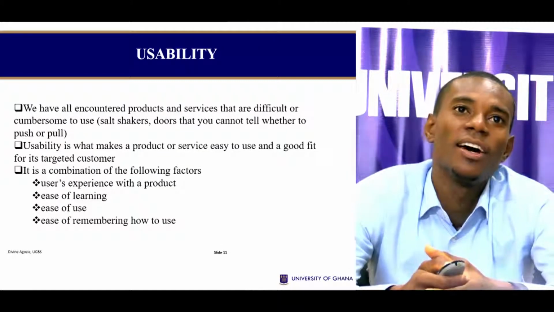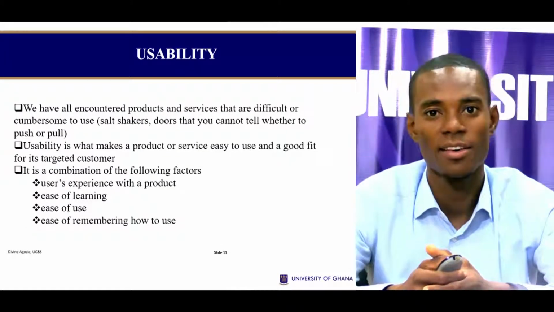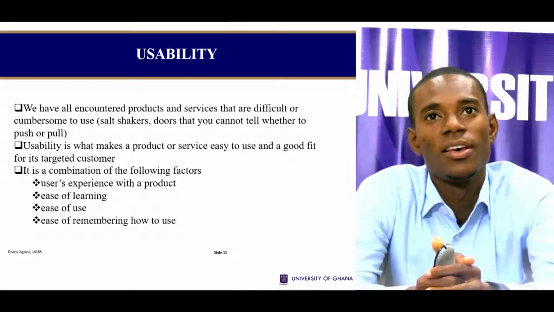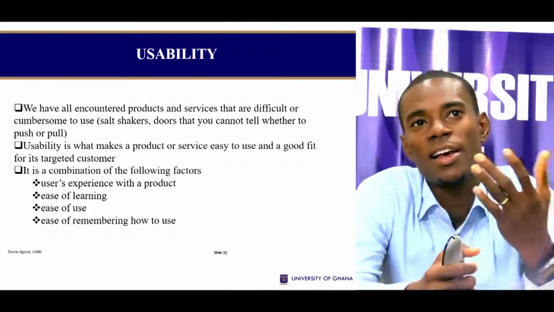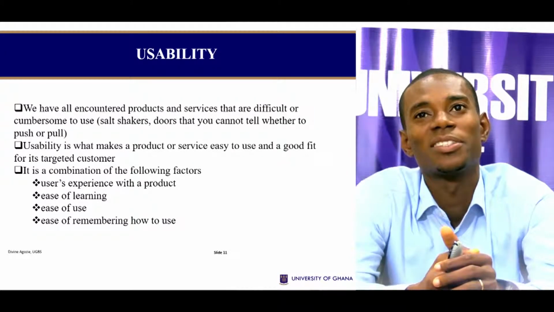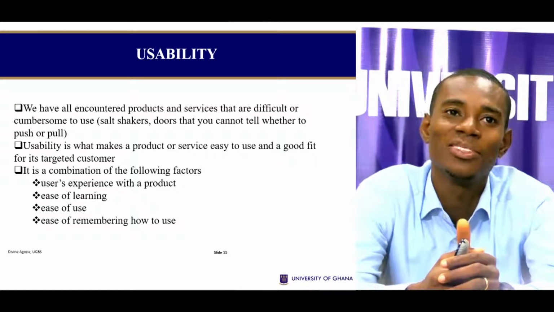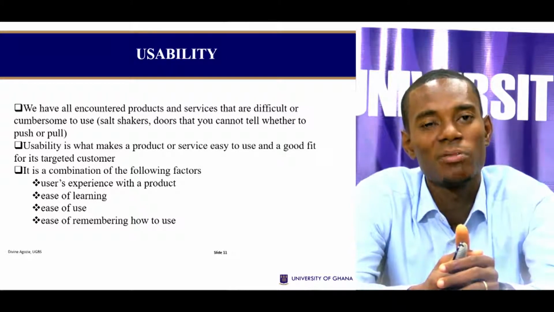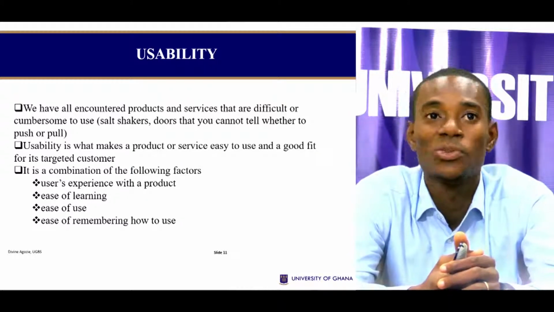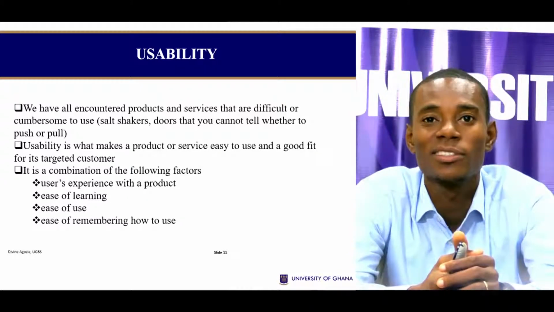Okay, and then usability. Another functional characteristic of a product is usability. We have all encountered products and services that are difficult and cumbersome to use. Have you visited a website where you don't even know what to click or what to expect, or an application system where you don't even know how to upload the documents?